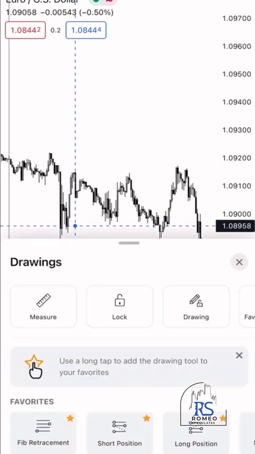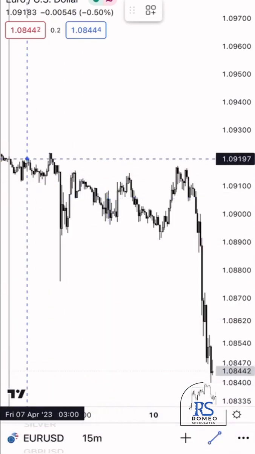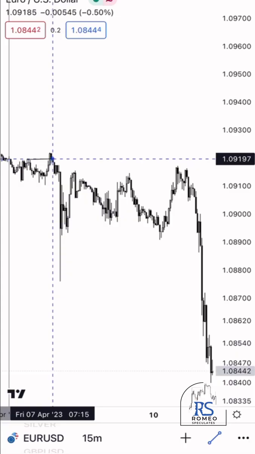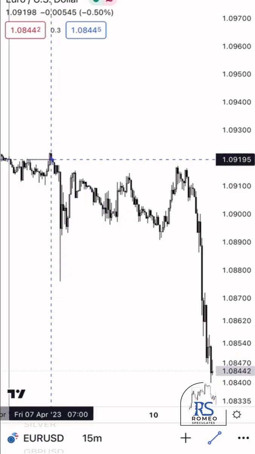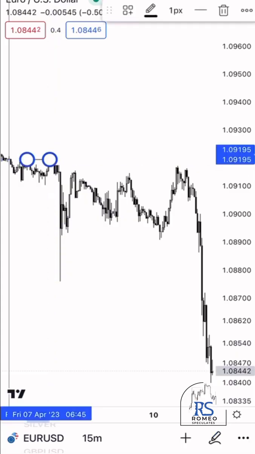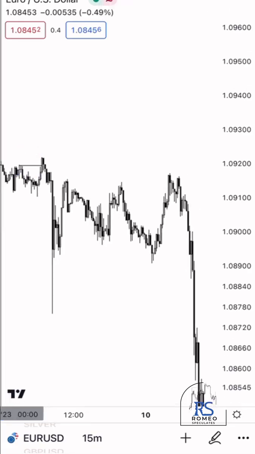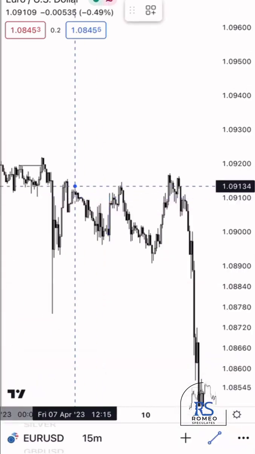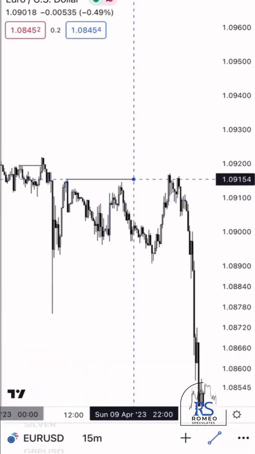And we rejected this high. So that tells me there's bearish intentions, right? Breaking lows and rejecting highs. So price was in a clear defined range, right here.